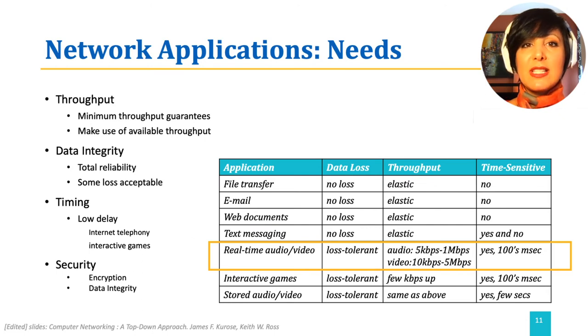These applications usually need a minimum bandwidth to be able to run properly. They can handle a little bit of loss in favor of staying in real-time sync with the source. The delay also has to be on the order of milliseconds so that the two sides of the video conference still feel real-time and in sync.